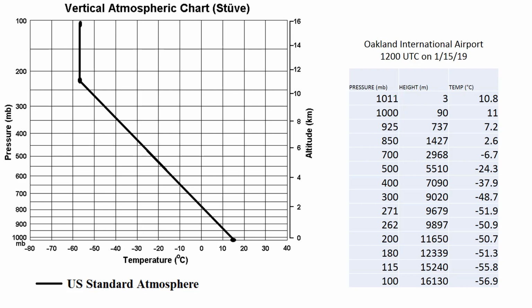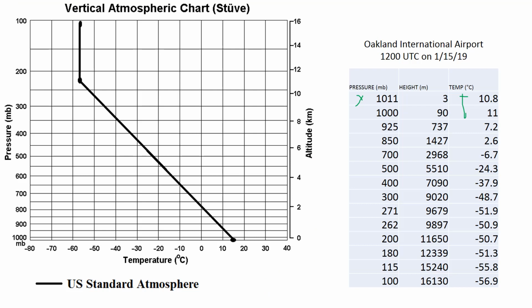So pressure as our y-coordinate, so that's going to be our y, temperature as our x-coordinate. All right? And let's do that. So, plotting the different points here, the first point is 10.8 at 1,011 millibars. And 1,011 millibars is right near the surface.